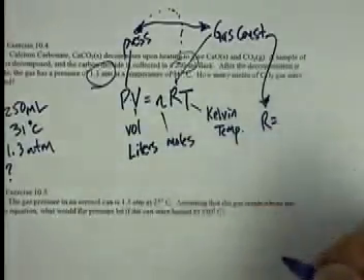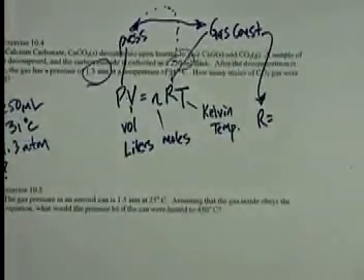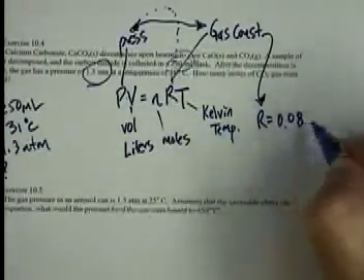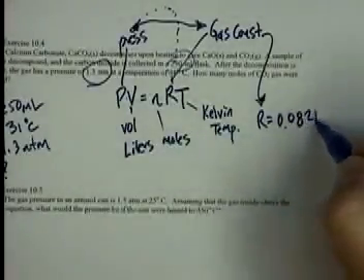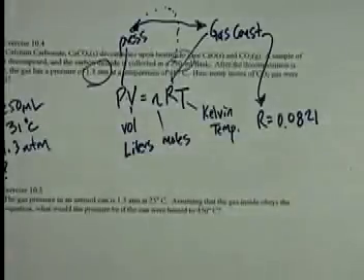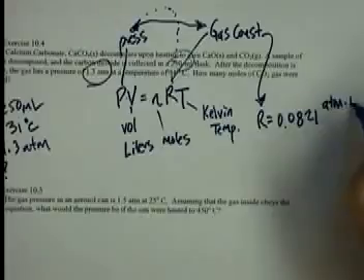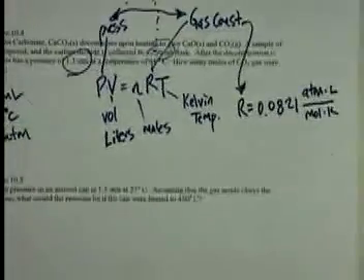R, remember, stands for the universal gas constant. It has several values. One of them is 0.0821, and this is in terms of atmospheres of pressure. The other units on that are liters per mole times Kelvin.